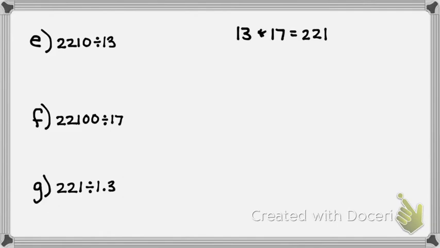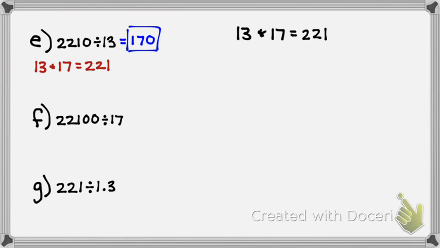All right, so I'm curious what you guys came up with. For E, what did you come up with? 170. Let's talk about how you can do that without just grabbing your calculator or without doing the whole algorithm. So we know 13 times 17 is 221.